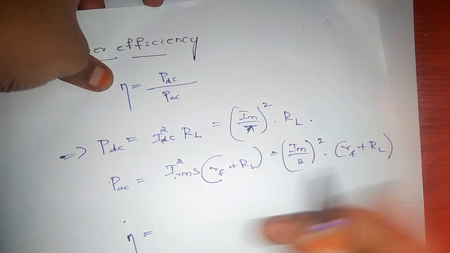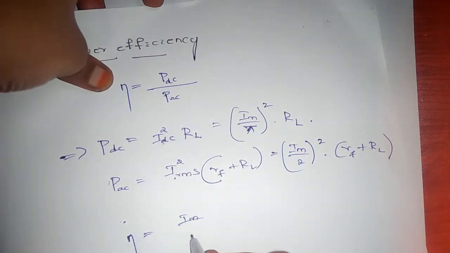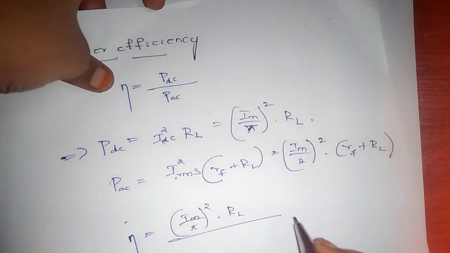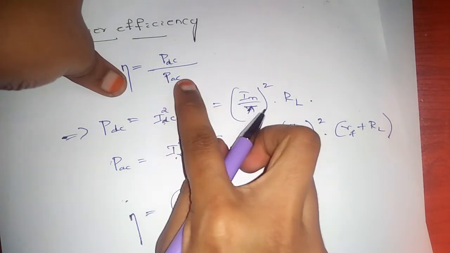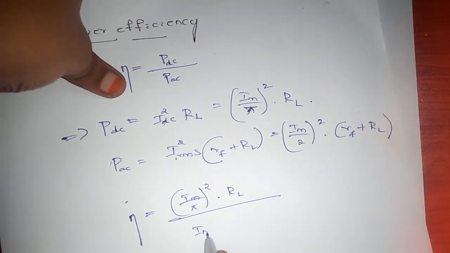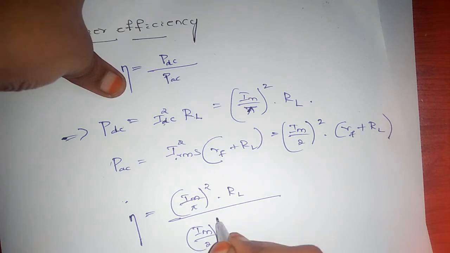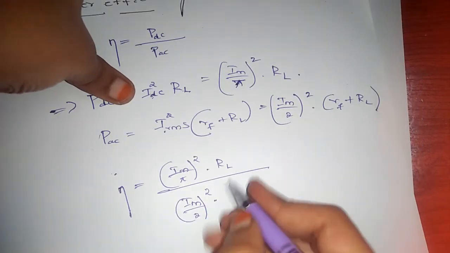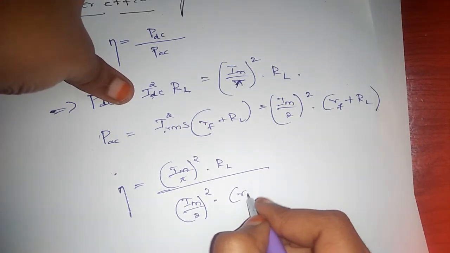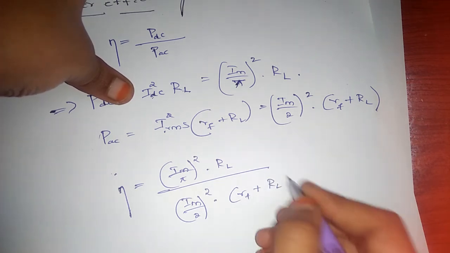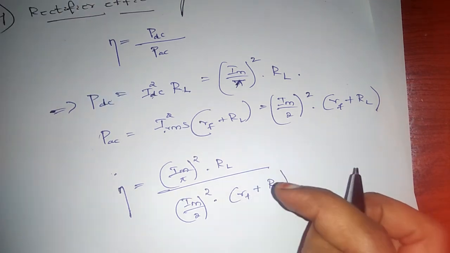Here the PDC value we get as Im by pi whole square into RL, and then PAC we have Im by 2 whole square into RF plus RL.